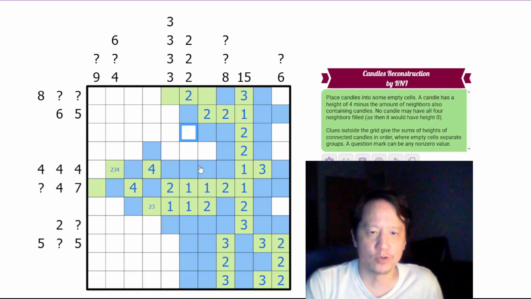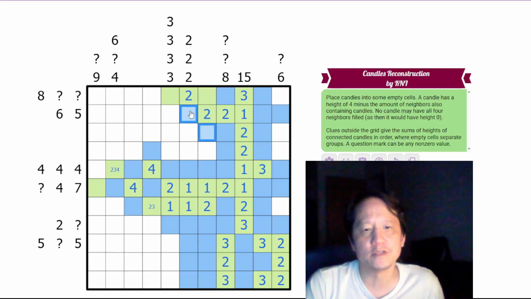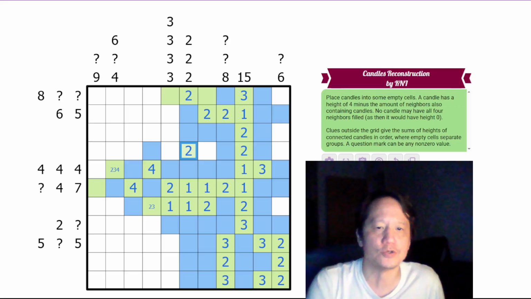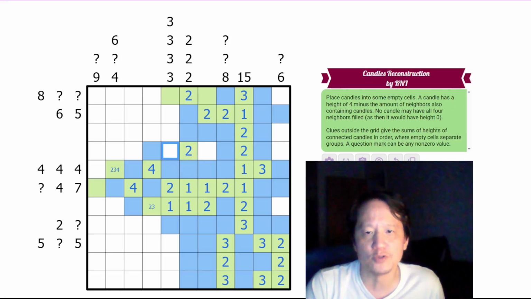If this were green, the problem is if it's 2, it has to be at least 2, which means it's 2 here, and it would have to have 3 neighbors without candles, which means it would have to be 3 here. So this cannot be blue, for the same reasoning we had there. So this is green. This must be a 2, and it must have 2 neighbors with candles. So that's 1, and this is 1.